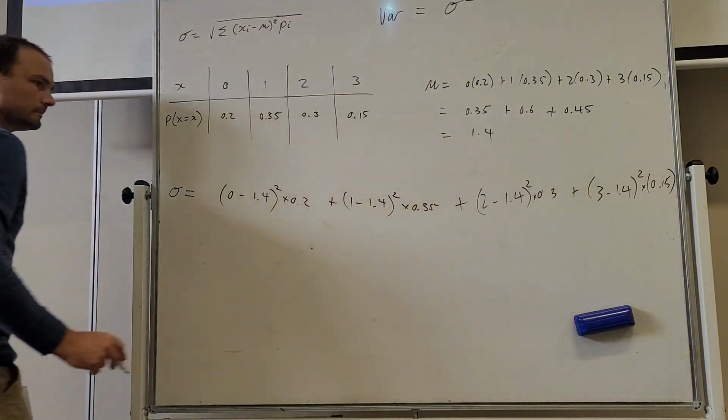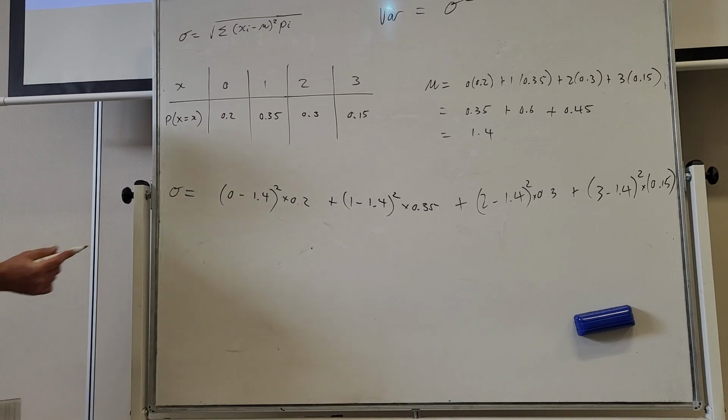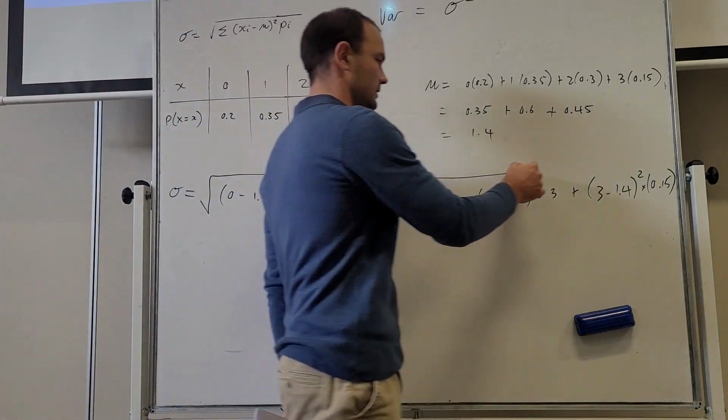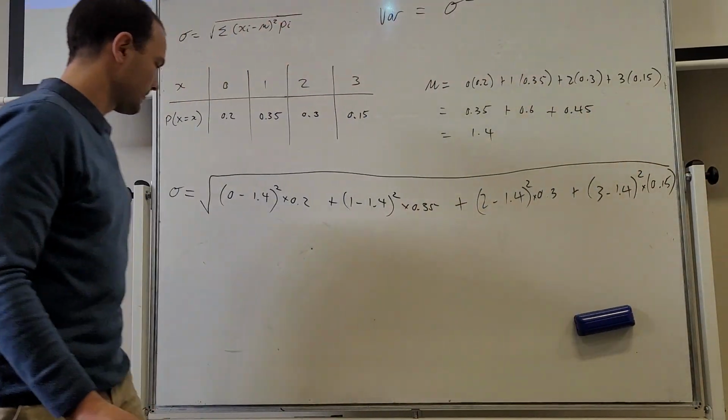And then that would be the variance. So to get the standard deviation, it's the square root of all of that.